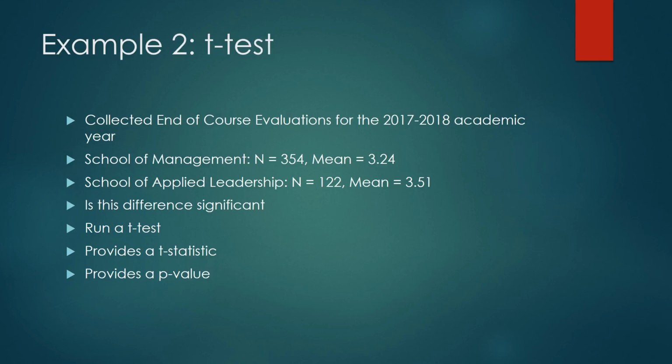Well, we're going to run a t-test, and the t-test is going to provide us with a t-statistic that is a measure of the difference, but it's also going to provide us with a p-value. If we've established a p-value threshold of 0.05, and we fall below that p-value threshold, then the difference between the mean for the School of Management and the mean for the School of Applied Leadership is statistically significant.